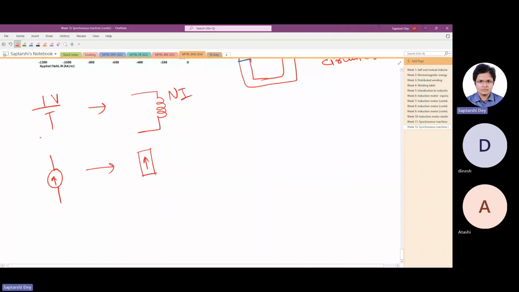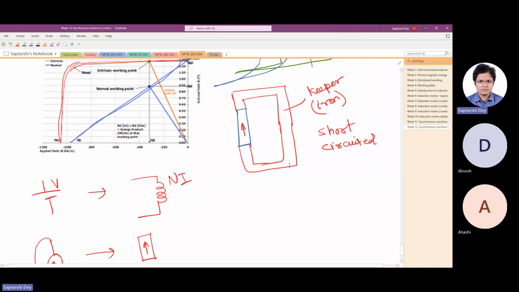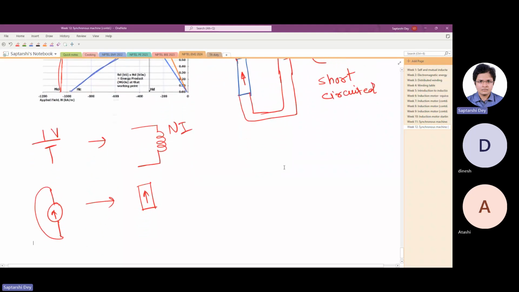So just like you have to keep a battery open when not used, you have to keep a current source short circuited when not used. Similarly, a magnet has to be kept short circuited when not in use. We'll look into it in detail mathematically.